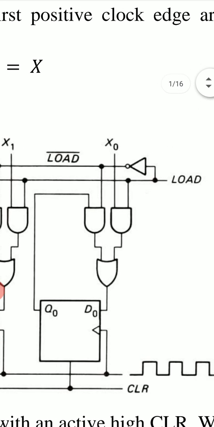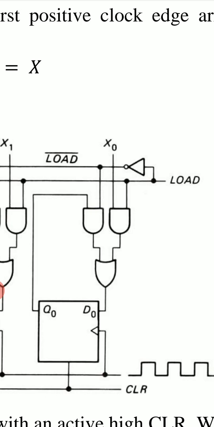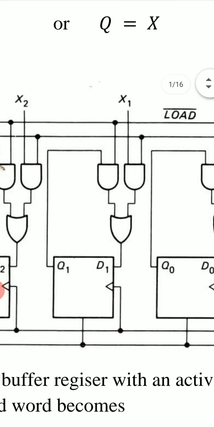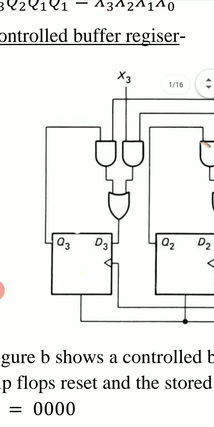When load is low, load bar is high and the left AND gates will then transmit this output Q0 to its input D0, and when the positive clock edge arrives, Q0 then remains Q0 because D0 is also Q0, and similar for Q1, Q2 and Q3.